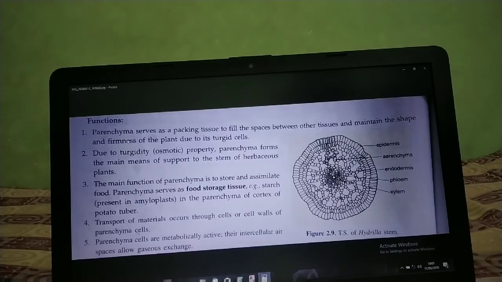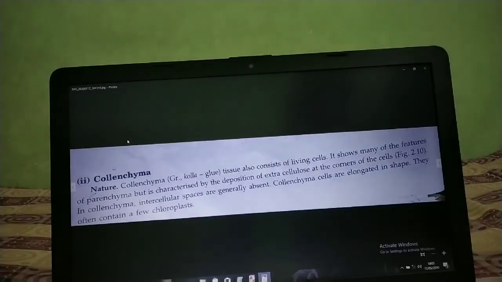So children, due to turgidity, parenchyma forms the main means of support to the stem of herbaceous plants. The main function of parenchyma is to store and assimilate food. Parenchyma serves as food storage tissue, for example, starch.